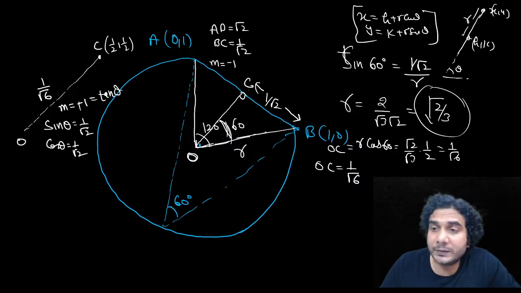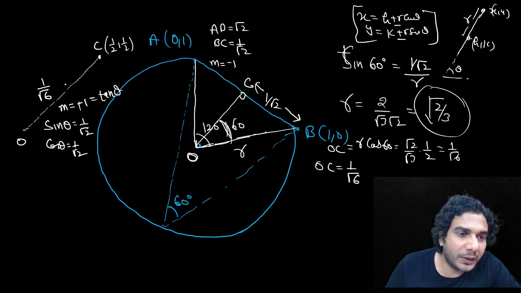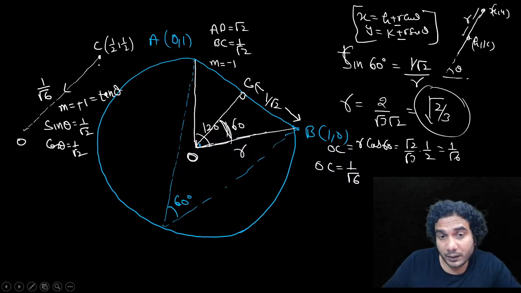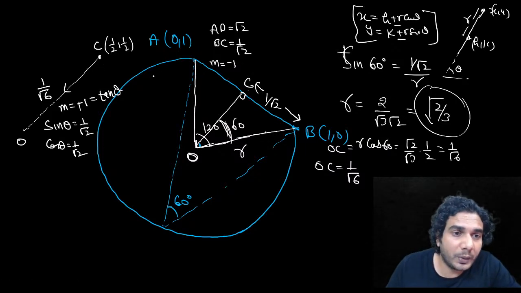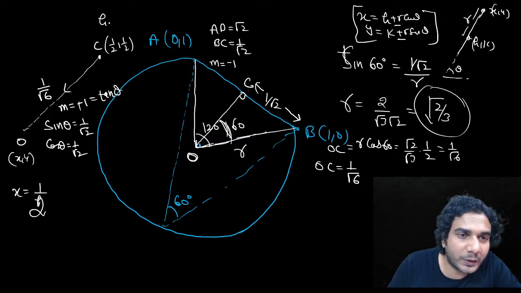And if the point is below h comma k, then it will be h minus r cos theta and y will be k minus r sin theta, right? So because you are going below this, we already know the direction. So we are going below this point C. So coordinates of O, let's write this x comma y. So x is equal to h, which is this 1 by 2, this point is h comma k.